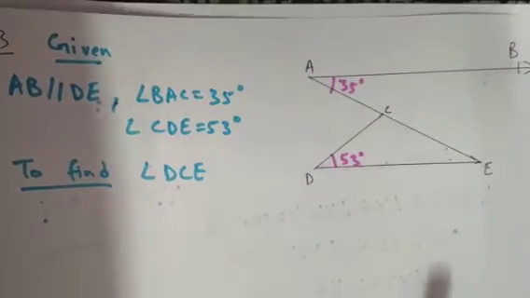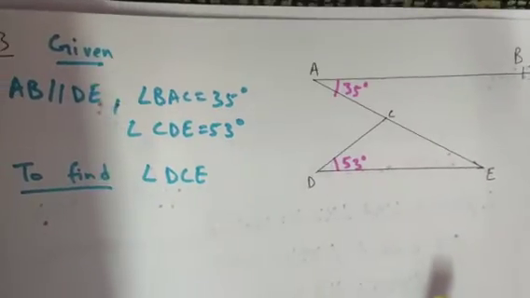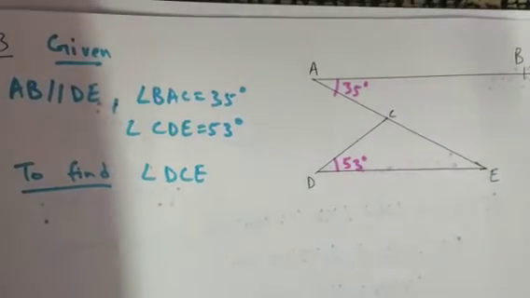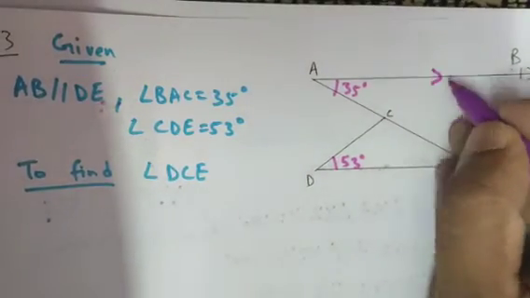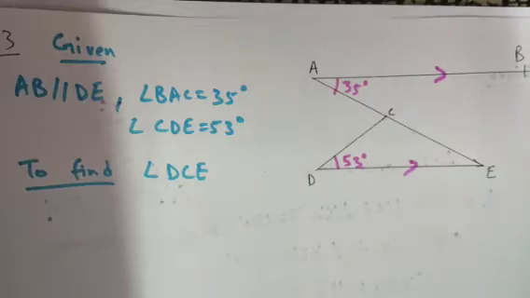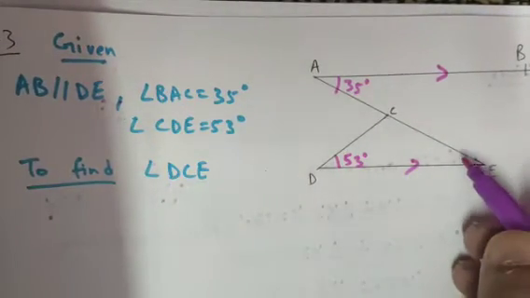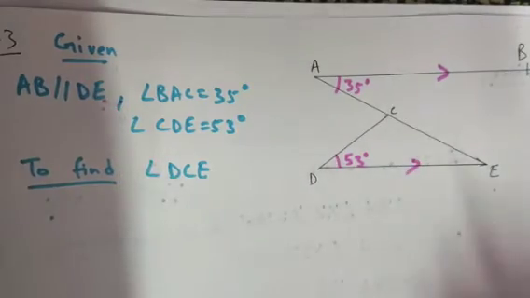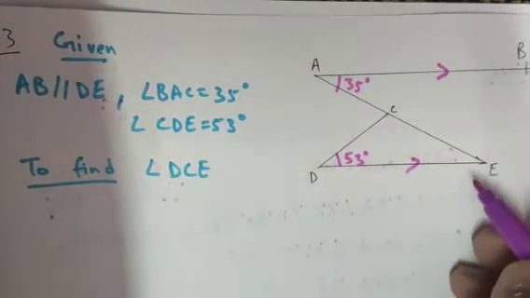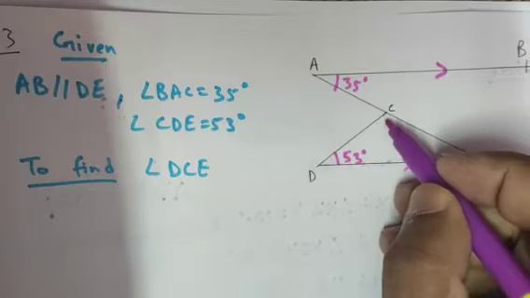Question number 3. It is given that AB is parallel to DE, and angle BAC is 35, angle CDE is 53 degrees. We have to find angle DCE. This angle we have to calculate.